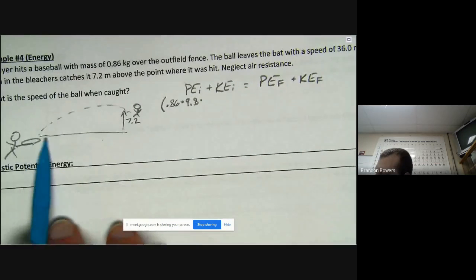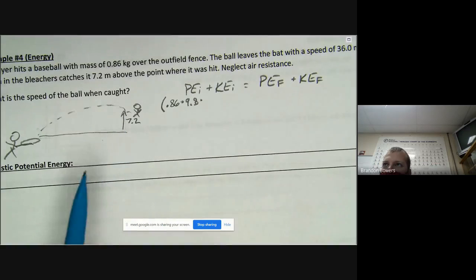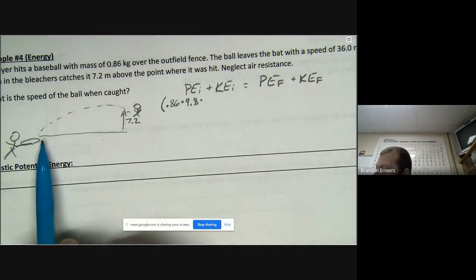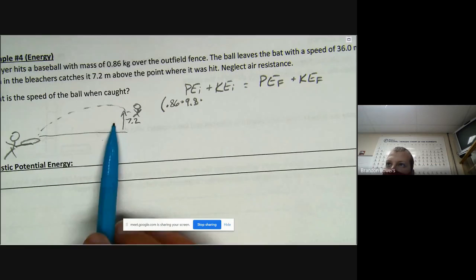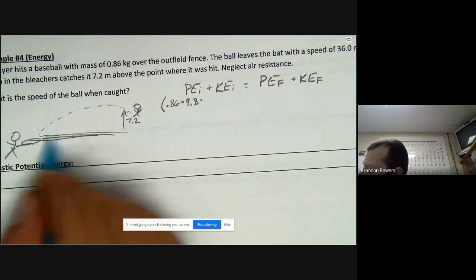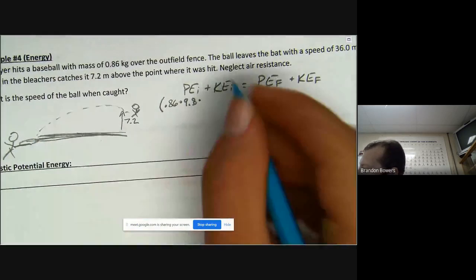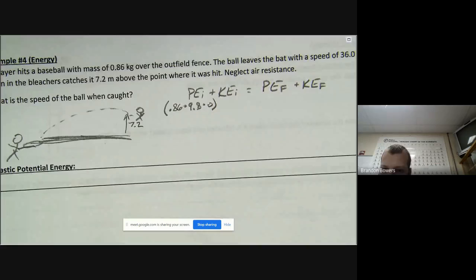Well, if this guy's 7.2 meters above, I don't really know my height, but I do know that this could be 0 and that could be 7.2. So 0 makes it a lot easier. This is kind of like my line 0, right? So my height, I'm going to say is 0.